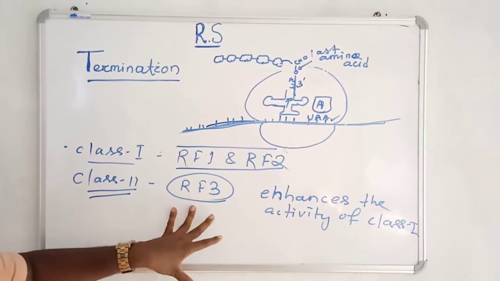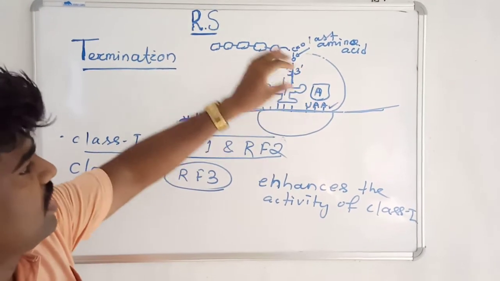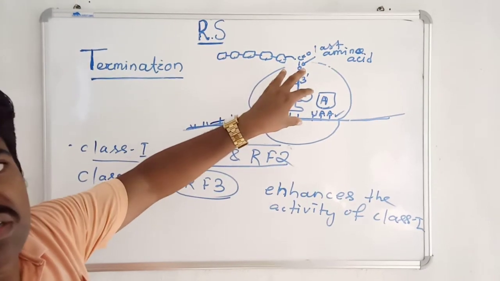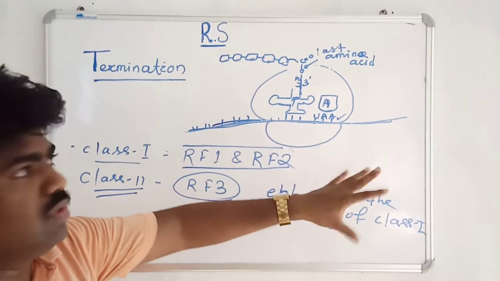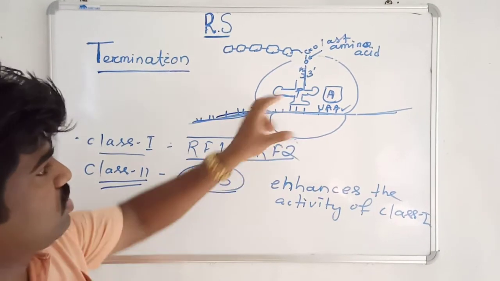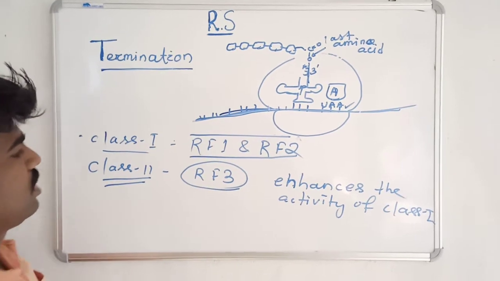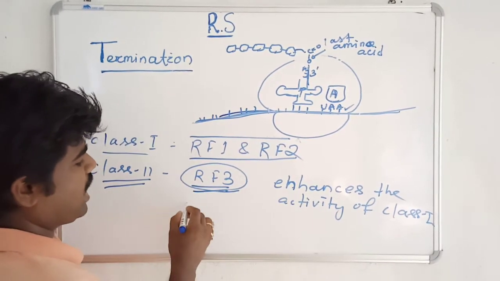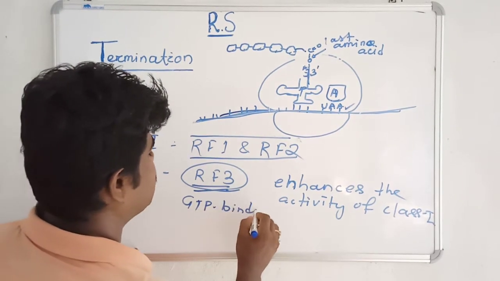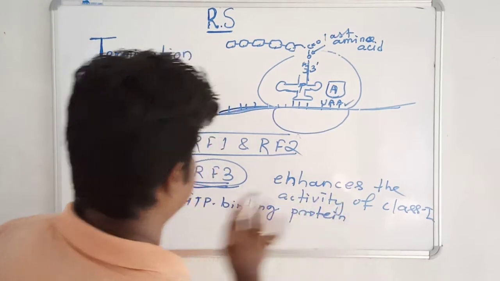And also RF3 helps to release RF1 and RF2 from the larger ribosomal subunit after the polypeptide chain is released. So it helps in dissociation of RF1 and RF2 from the ribosome. So this is the role of RF3, and it is a GTP binding protein. Right?